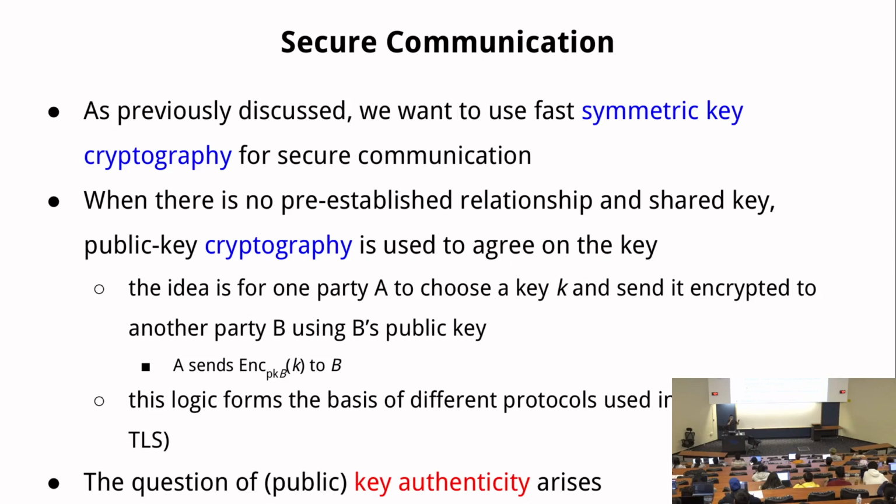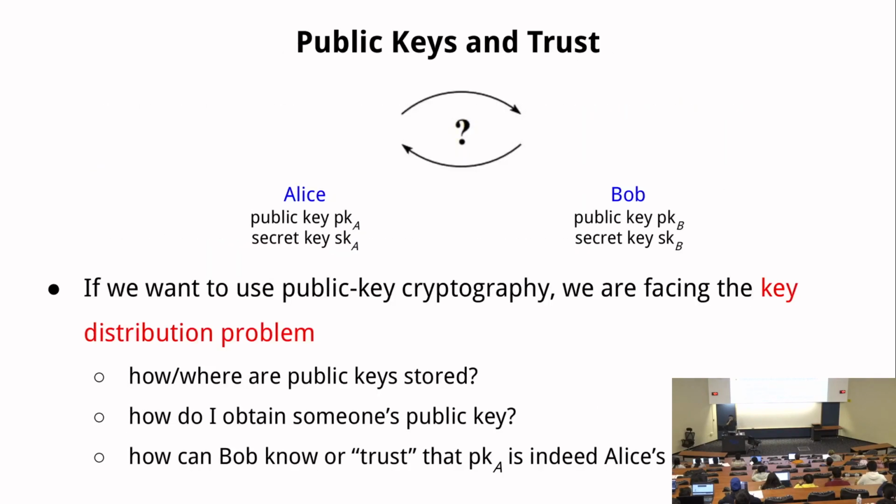If A uses someone else's public key, then B will not be able to decrypt that, but someone else will be able to decrypt that, right? So the fundamental question is, how do we solve the problem of key authenticity? And we're going to solve this problem using the public key crypto system itself. So we use the public key crypto system to solve the public key crypto system's problem.